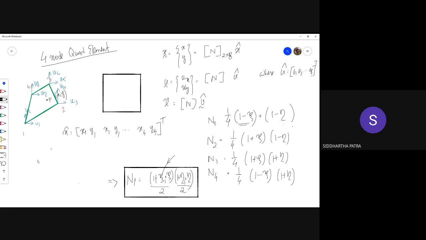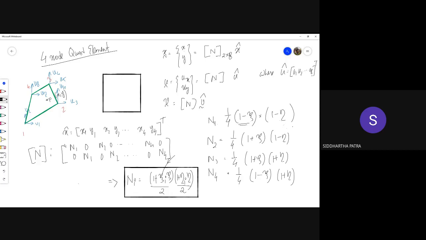Now, in order for the N matrix to give you the corresponding x and y, N is supposed to look like this: N1 0, N2 0, finally N4 0, and 0 N1, 0 N2, finally 0 N4.